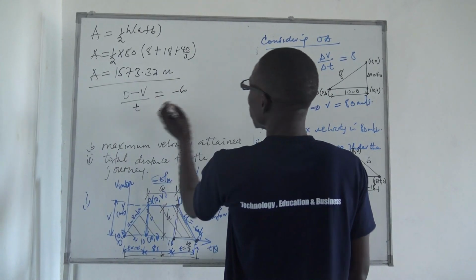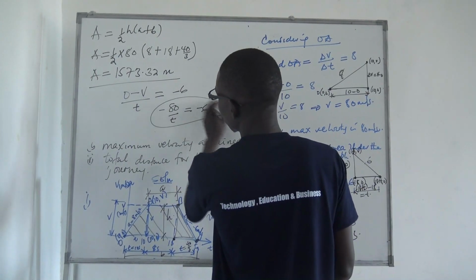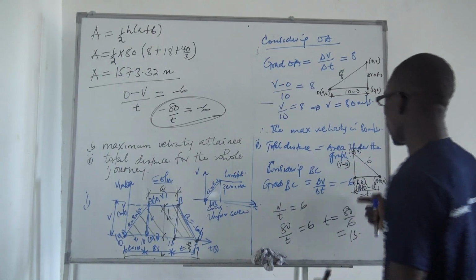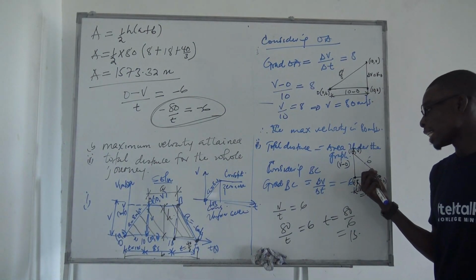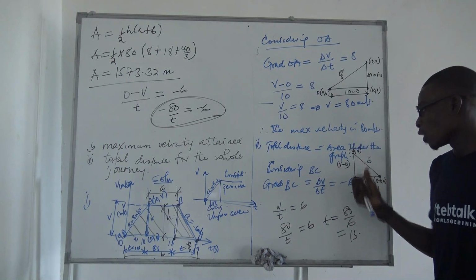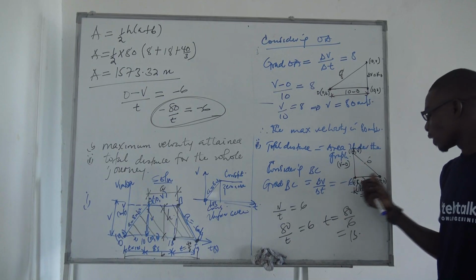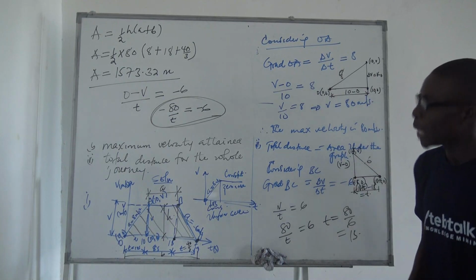And then you can say negative V is 80 out of time equal to -6. That still takes you to the answer. Or you use this idea, that if you don't mind how the velocity is changing, you can just say change in velocity over change in time equaling to this.